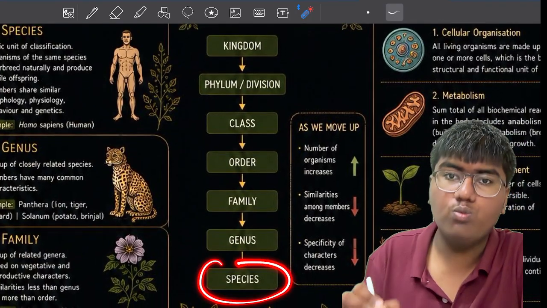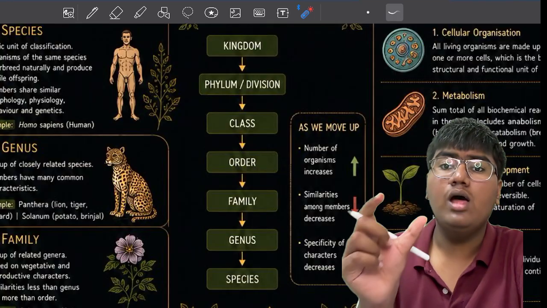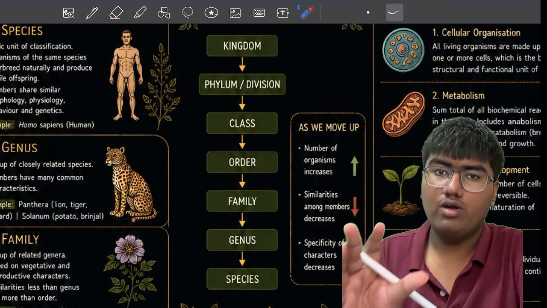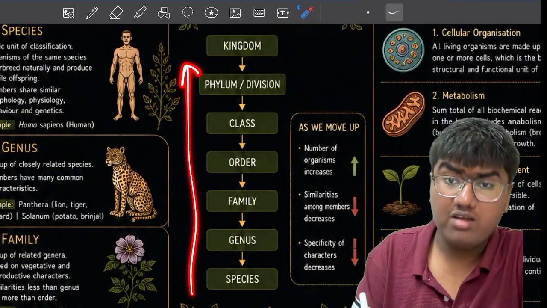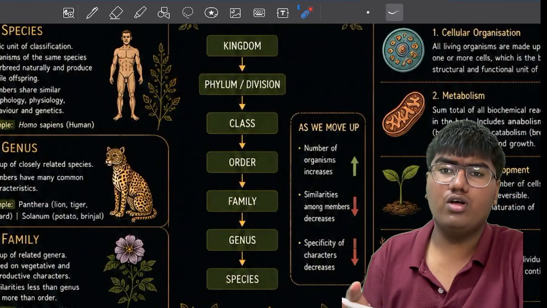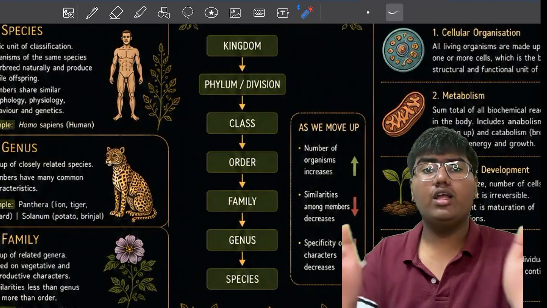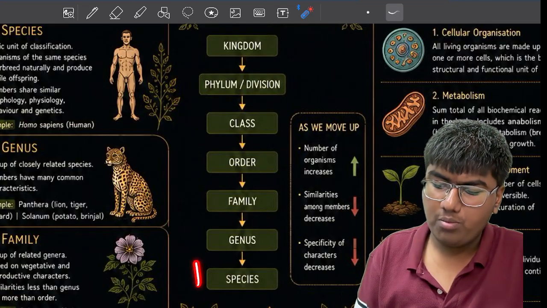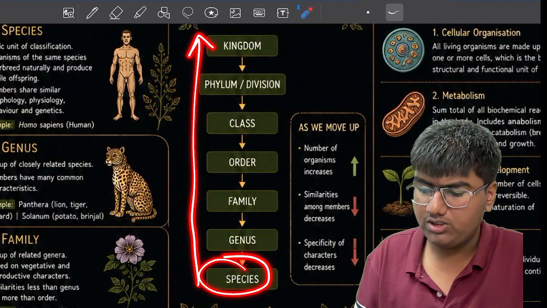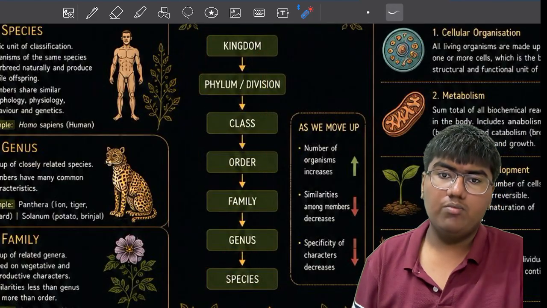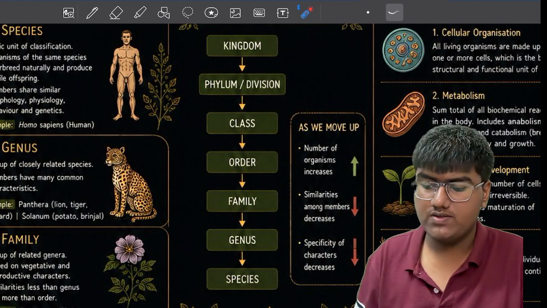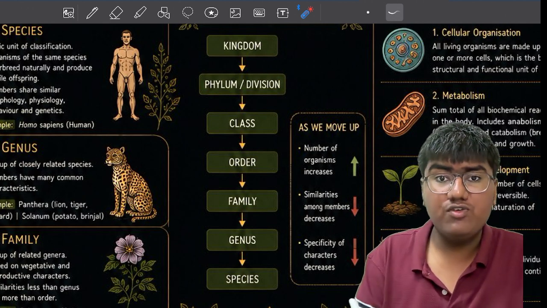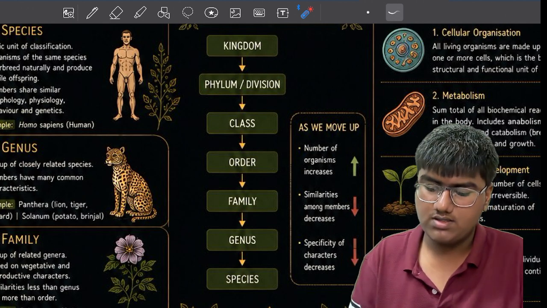Species Homo sapiens refers to just a part of living organisms. But as I move above to animals, I come to a broader number of animals. Here, the number increases. But as I move from below to above, that is species to kingdom, the amount of similar characters decreases, and similarly the specificity also decreases.